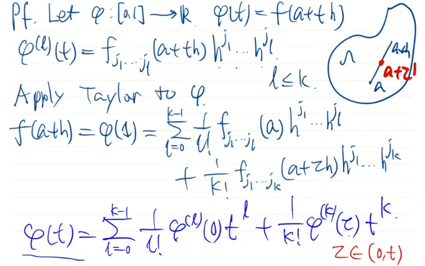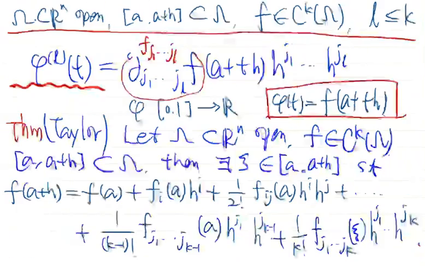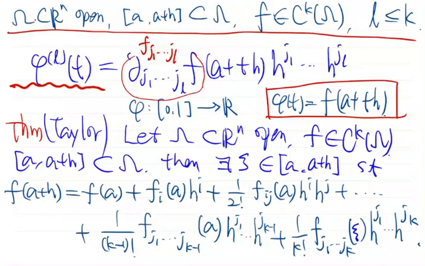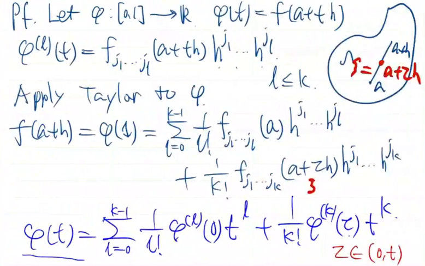This point we denote by xi. So this is the result of our Taylor expansion. In the statement of the theorem I wrote every term, but for the proof, to save space, I use the sigma summation for l here. But the result is proved.